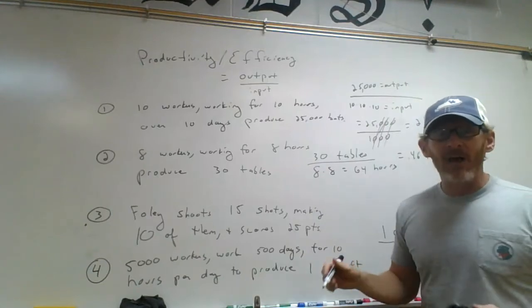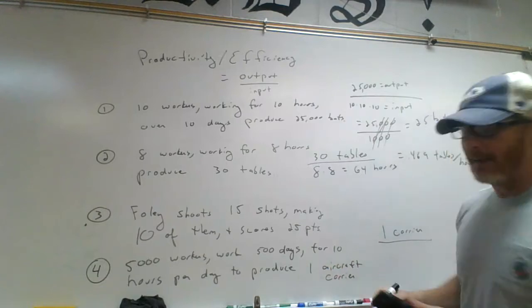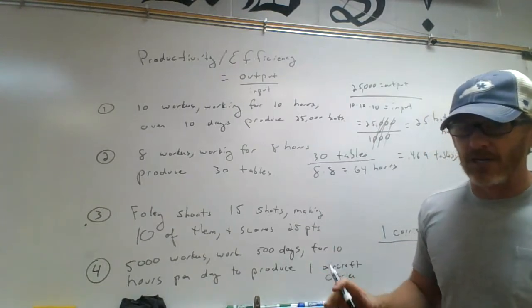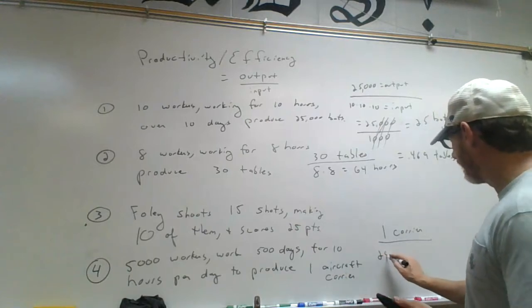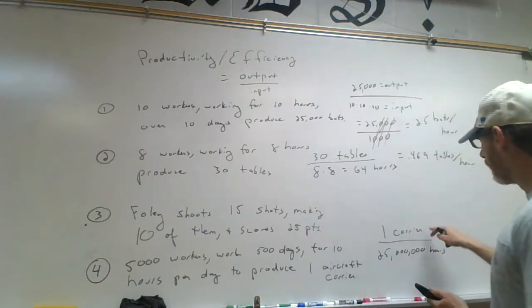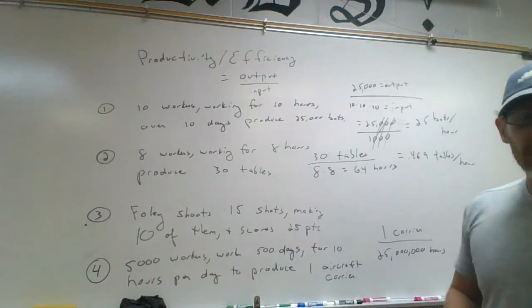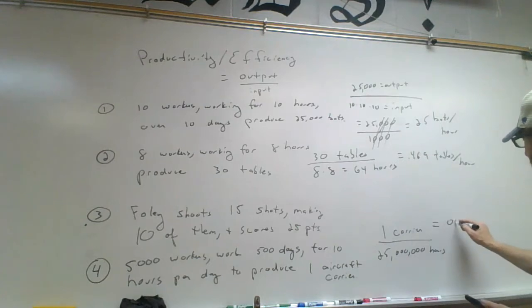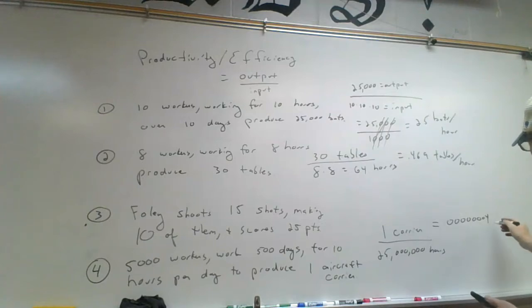So how many hours go into making this? And I'm making this up, although it is an insane number of hours to make a carrier because they're gigantic. In this case, I've got 25 million hours. So 1 carrier divided by 25 million hours ends up being point, and then it's 7 zeros, 4, 7 zeros for carriers per hour.